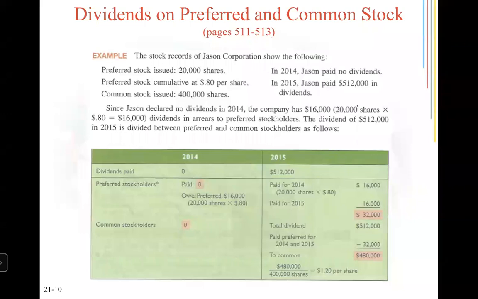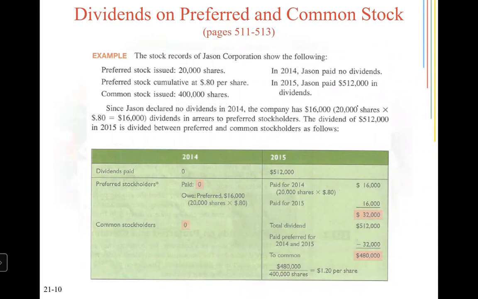So you see the explanation where it says that since Jason declared no dividends in 2014, the company owes $16,000, which would be 20,000 times 80 cents.